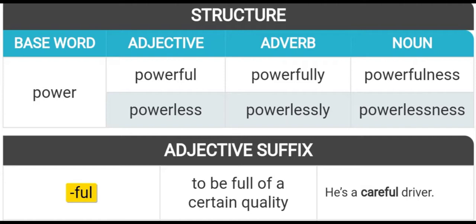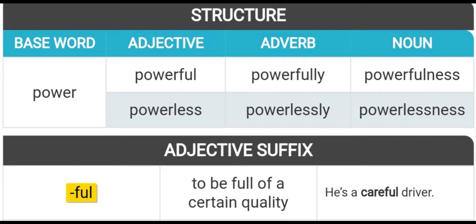For example, we take one word, that is power. If we add the suffix full, it becomes powerful. One more thing over here is that in the word formed by adding full to power, the last L of the suffix full is removed.